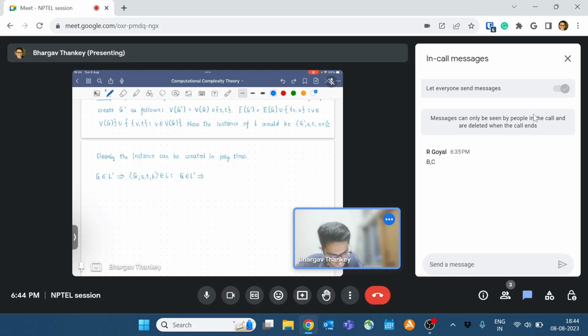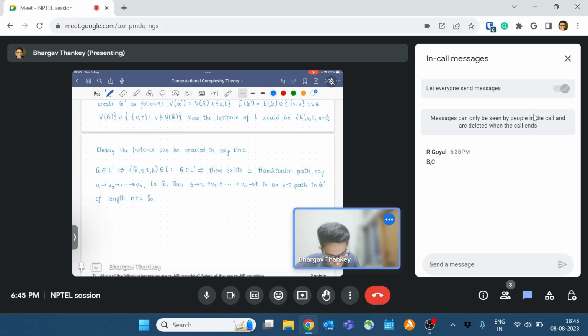There exists a path V1, V2, up till Vn in G, so S to V1 to V2 to Vn to T is an S-T path in G prime of length n plus 1.